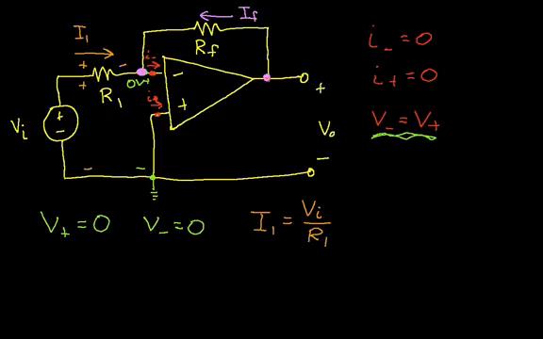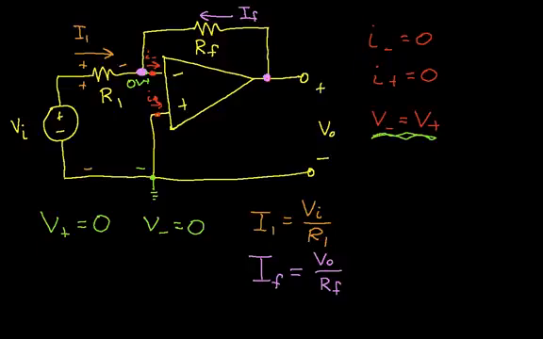The voltage at this point is V out. So IF is equal to V out over RF. Okay, now we're almost done. We almost have everything we need to get the relationship between the input voltage and the output voltage.